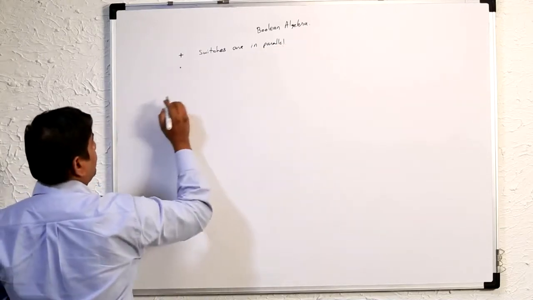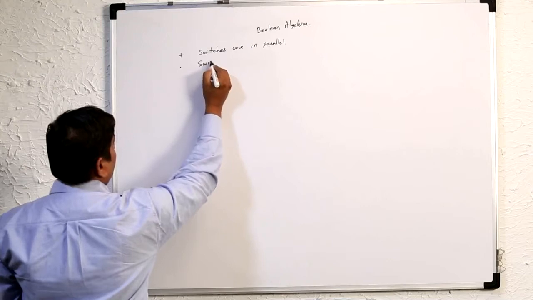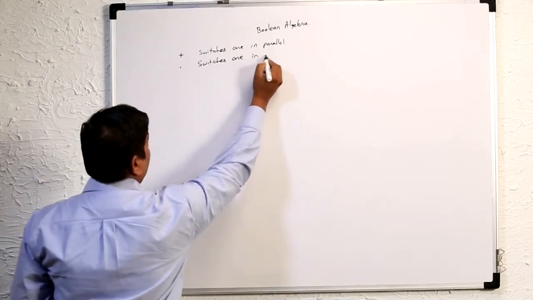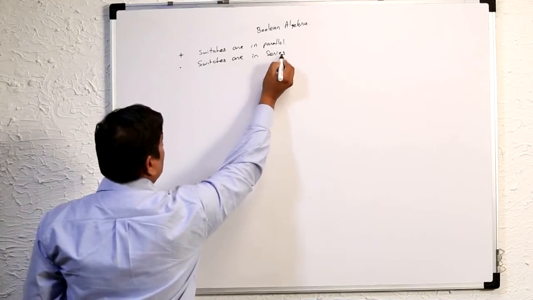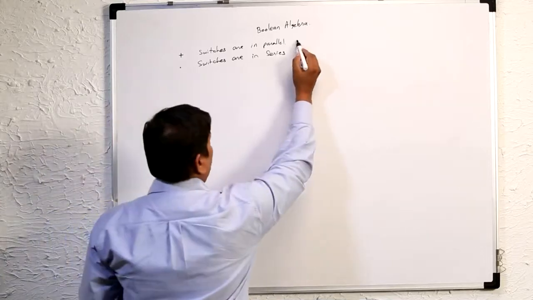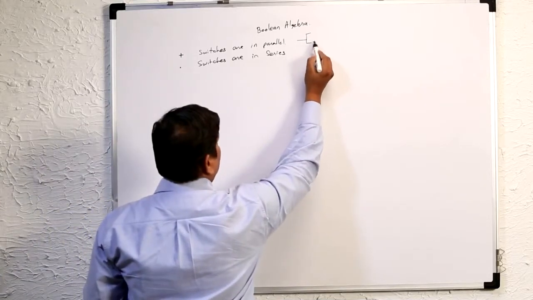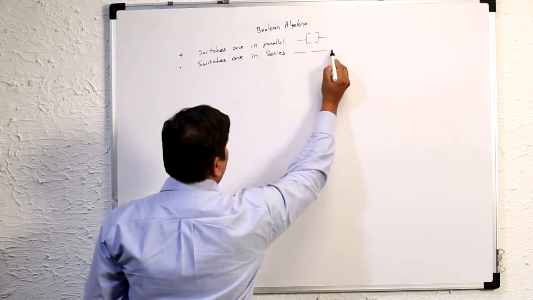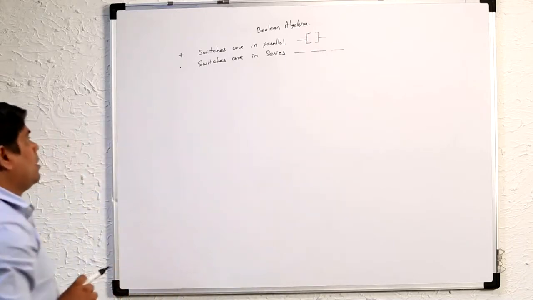Dot means switches are in series. For a parallel circuit, I hope all of you know that a parallel circuit looks like this. A series circuit looks like this.